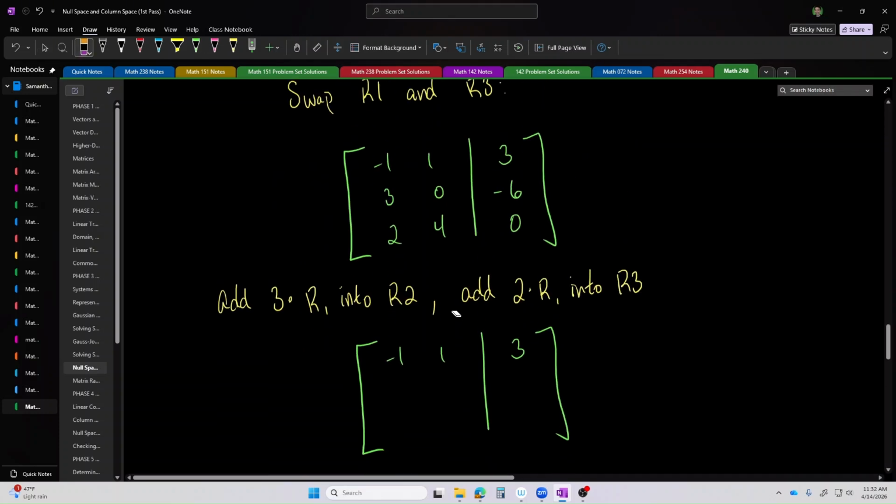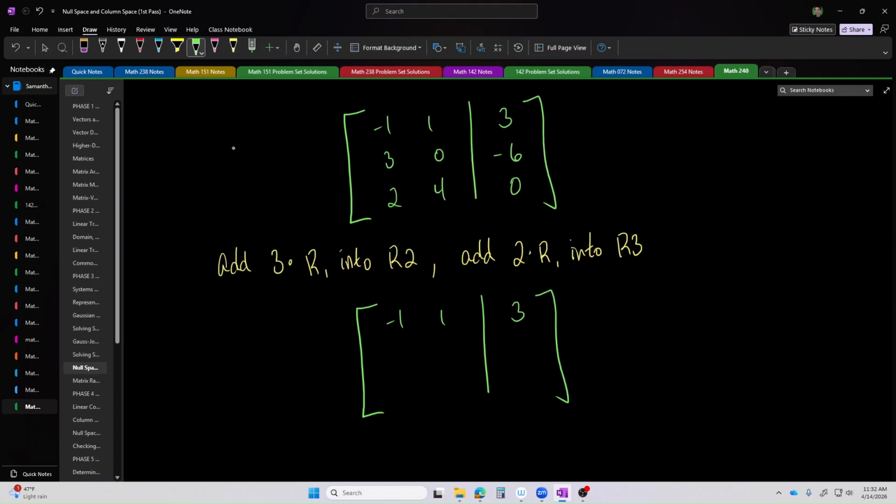That's going to turn row 2 into 0 in the first column, then 3 in the second column, and then 9 plus -6, 3 here in the back. And if I do the same thing with the third row, I get 0 here. I get 2 plus 4, which is 6. And then I get 6 plus 0, which is also 6.